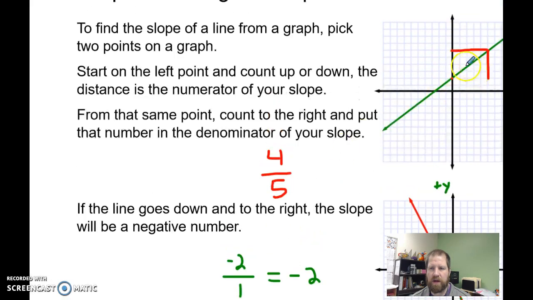Whereas if I started at this point and counted down 4, that'd be a negative 4, and then left 5, it's going to be a negative 5, because this is the negative x direction. I'd have a negative 4 over a negative 5 that equals 4 over 5, but I don't really want to mess with that. I don't want to mess with having the double negative and then figuring out that it's actually a positive. So start with your leftmost point, choose a point to its right, and then count vertically and then horizontally.